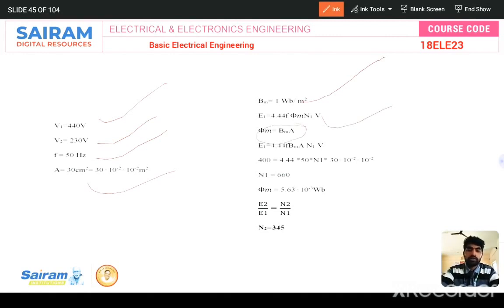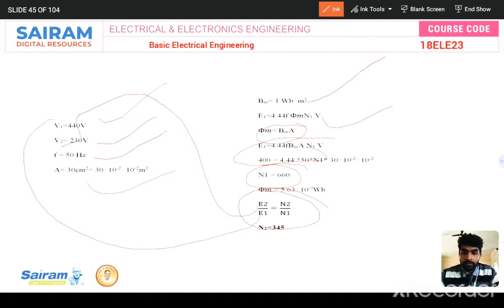Phi m is equal to Bm into A. Just substitute the values, you will get N1 is equal to 660 turns. If you want N2, you have to use this formula: V2 by V1 is equal to N2 by N1. Don't confuse over here. Here E2 is V2 and E1 is here. So N2 we got 345.